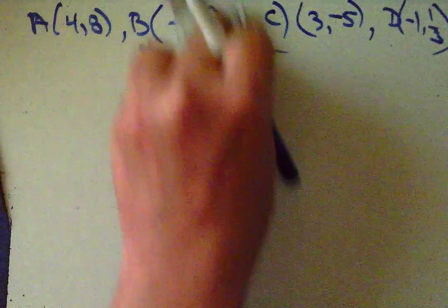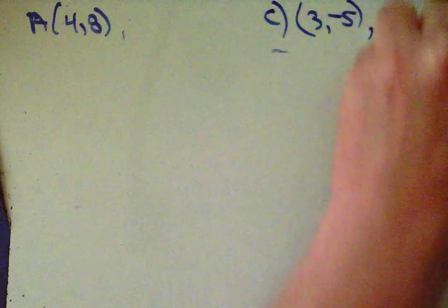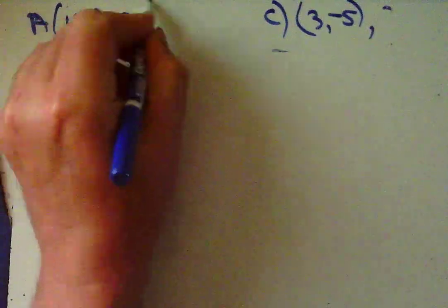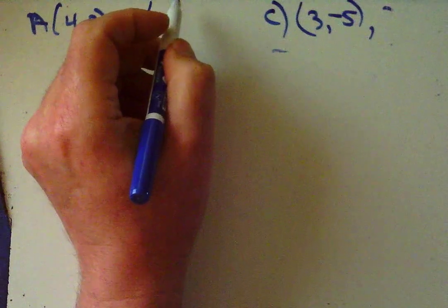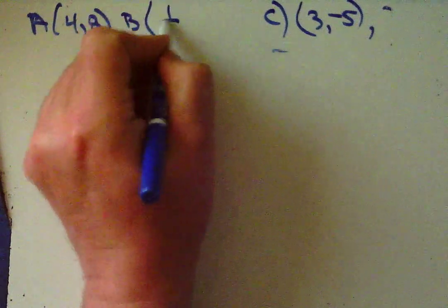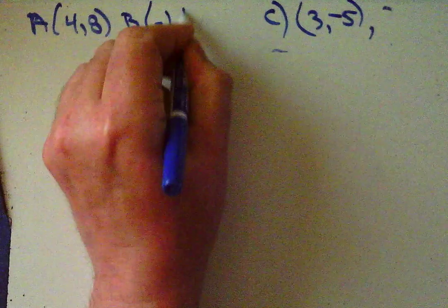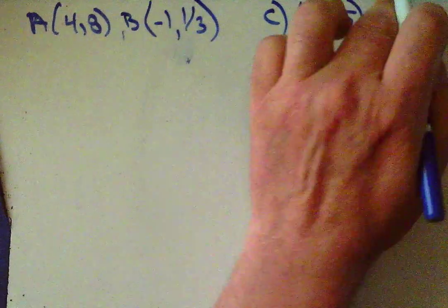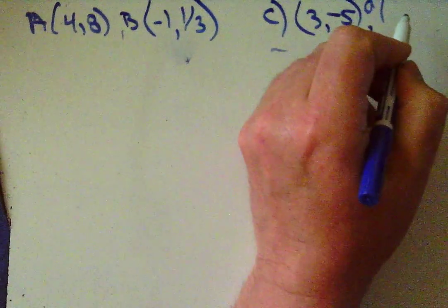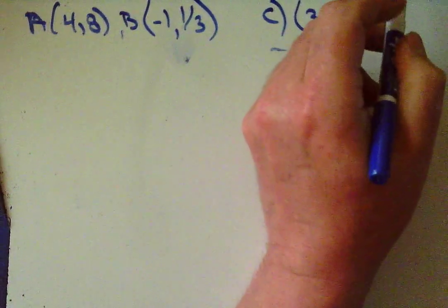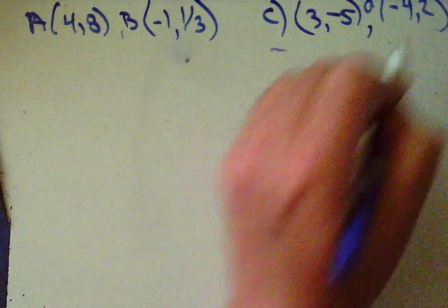What do I mean by neither? Well, let's try this. B is 1/3, oops, negative 1/3, and D, let's make that equal to negative 4, 2.